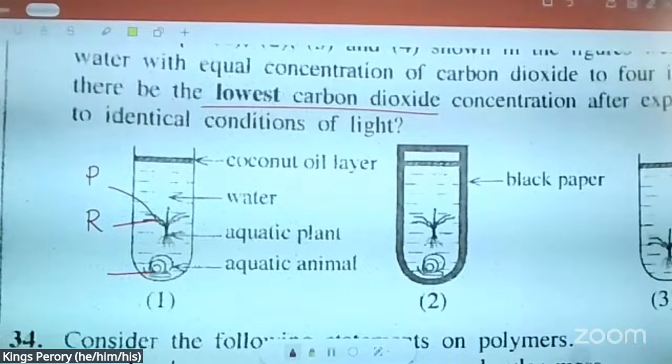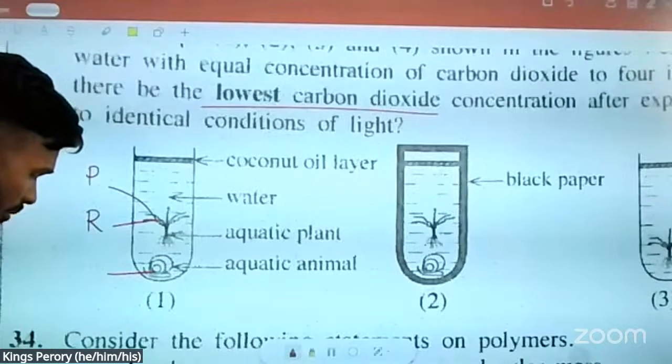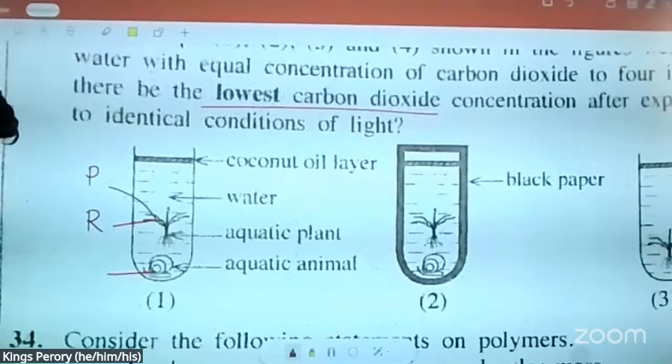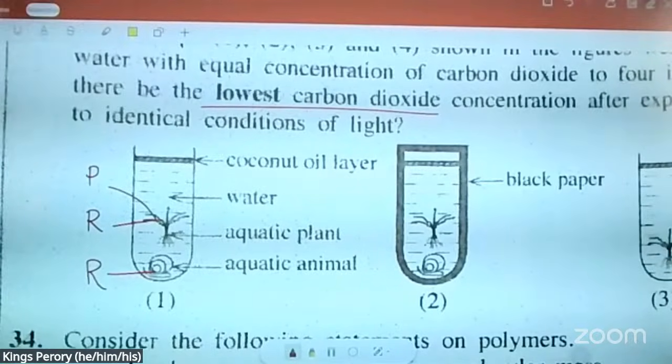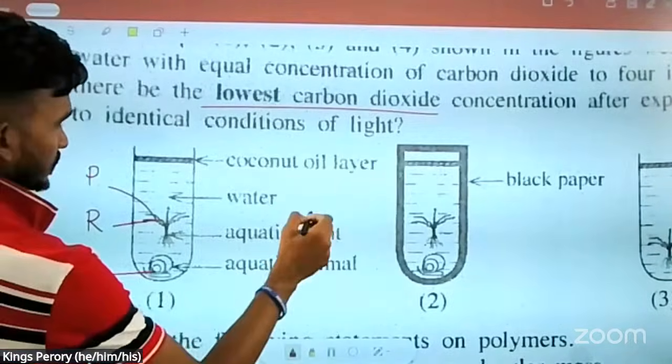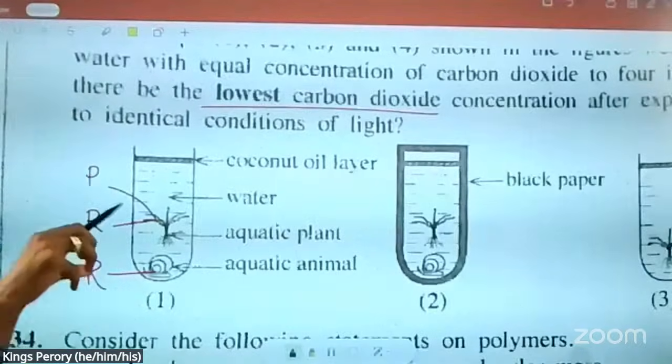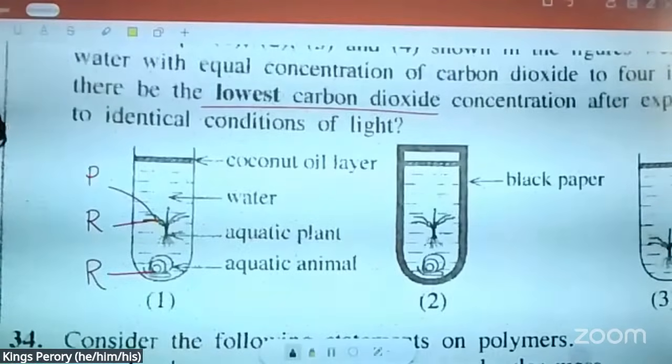Can the aquatic animal do photosynthesis? No, it will do only respiration. Now tell me the gases that are released during each of these processes. Photosynthesis, what gas is released?